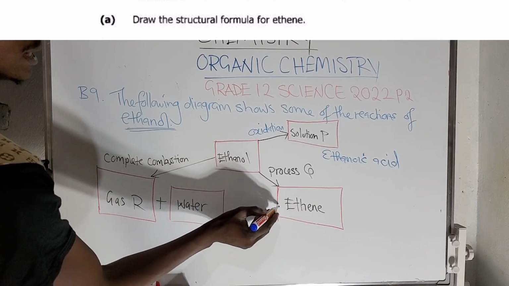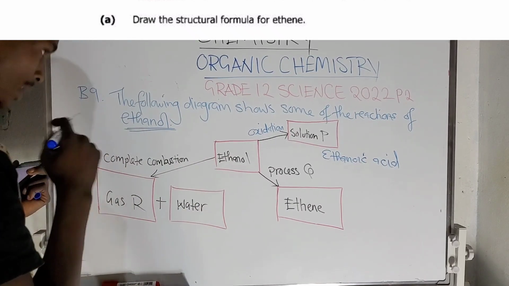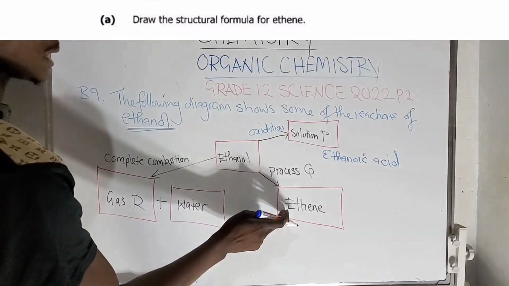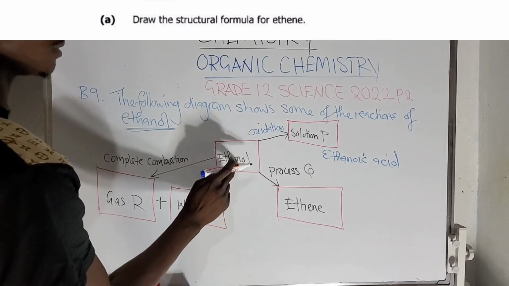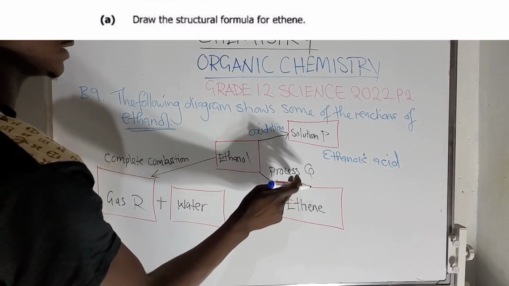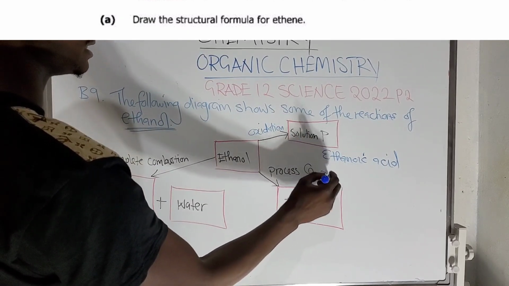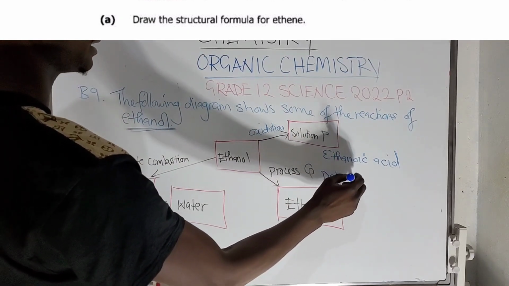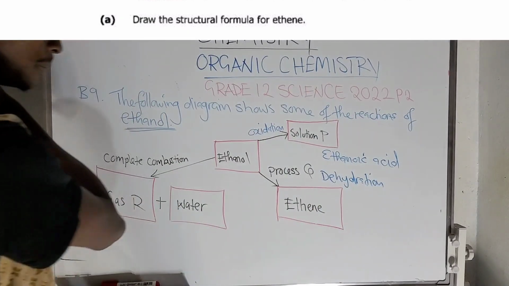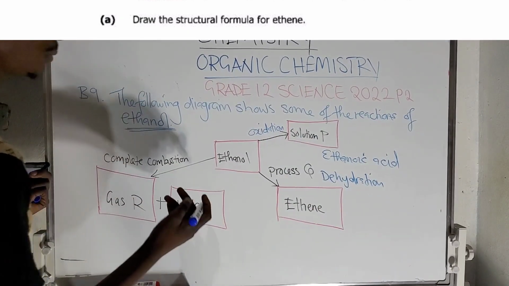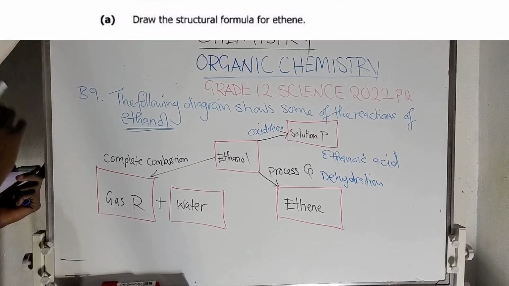So from ethene to ethanol is hydration. When water is removed from ethanol it is dehydration. So this process from ethanol to ethene is dehydration.